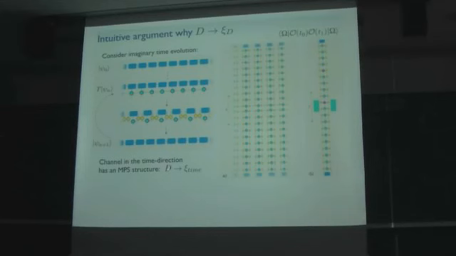So a finite D seems to imply a finite correlation length in the time direction. And because we're looking at a Lorentz invariant quantum critical point, the spatial correlations would like to scale in a similar way as the time correlations. So the PEPS tries to approximate this, meaning that the spatial correlations which we measure are also going to be finite. So the best finite D state tries to reproduce Lorentz invariance.